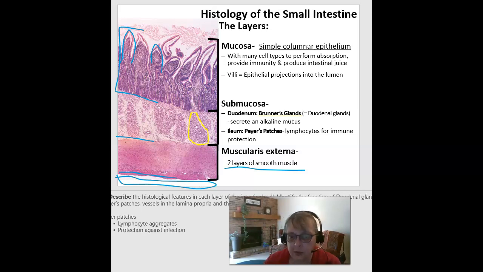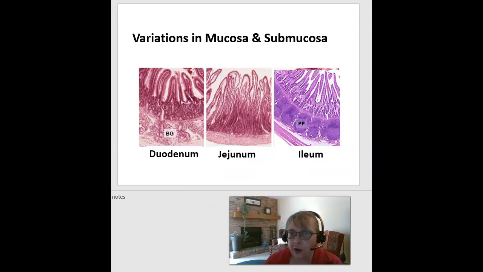Here are the variations that occur down the length of the small intestine in both the mucosa and the submucosa. In the duodenum you can see these nice Brunner's glands that secrete mucus. In the jejunum, you don't see an extensive submucosa at all; most of the submucosa extends into the villi.